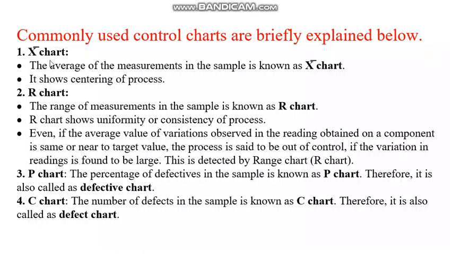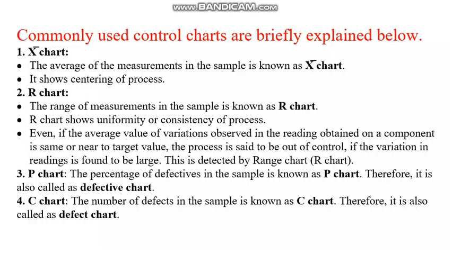Just because the average is coming right, you cannot accept it. You have to see the range of the readings also, because one may be falling much to the left of the center, another much to the right of the center, and if you take the average, it may come in the center. So just because the average is in the center, you cannot conclude. Your range charts are also required.